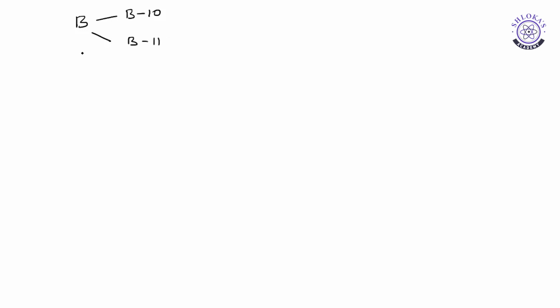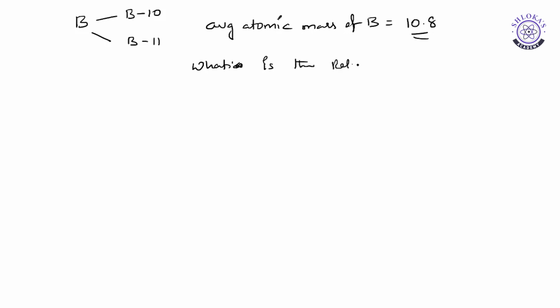They will give that the average atomic mass of boron is approximately 10.8, and the examiner will ask you to find the relative abundance or occurrence of boron 10, or boron 11.